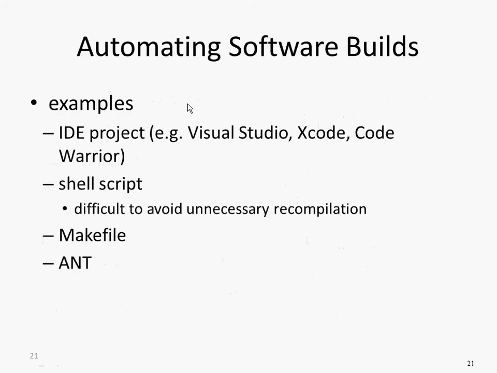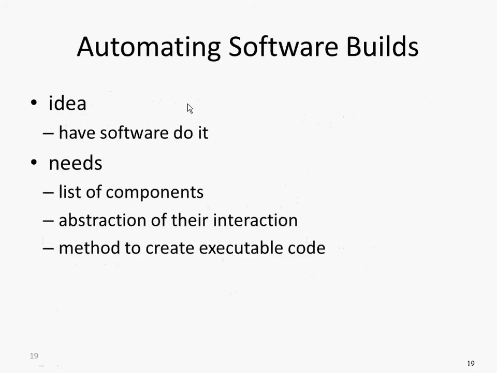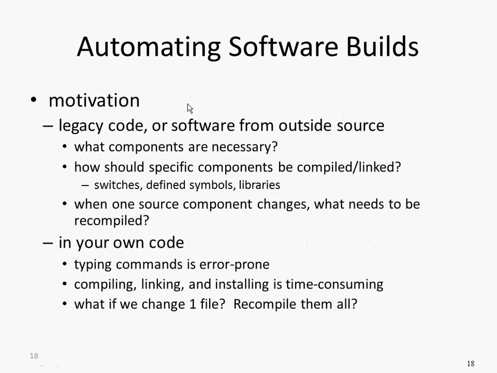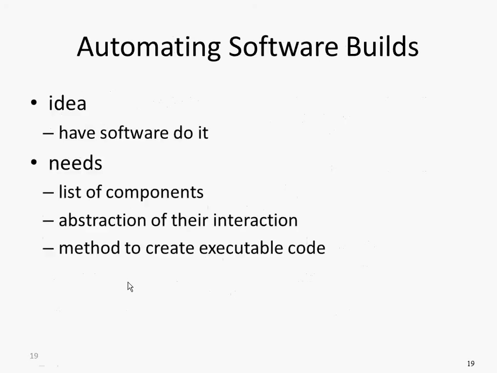So how do we stop this madness? How do we stop it so we don't have to type things in, we don't have to keep in mind what depends on what, so that it takes care of all the stages, so that perhaps we can tell it, hey, build everything from scratch because we've changed a bunch of things, or maybe we put it on a new machine and nothing's there. So the idea here is to have software do it.